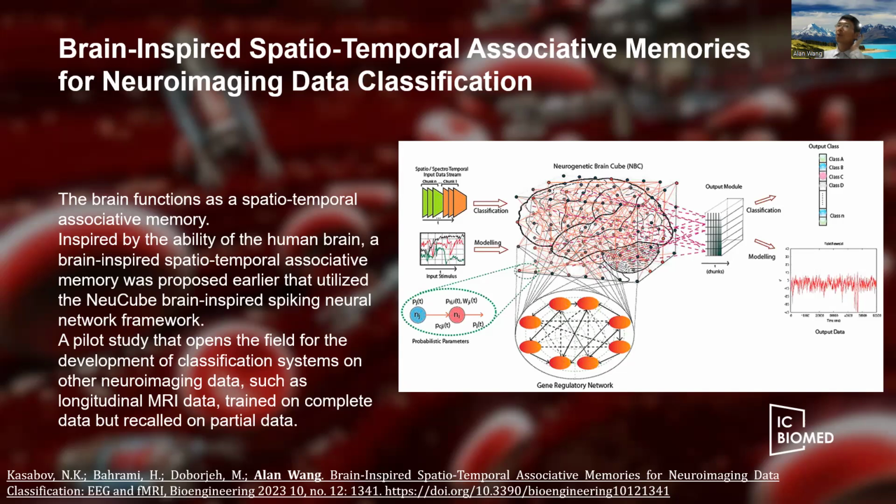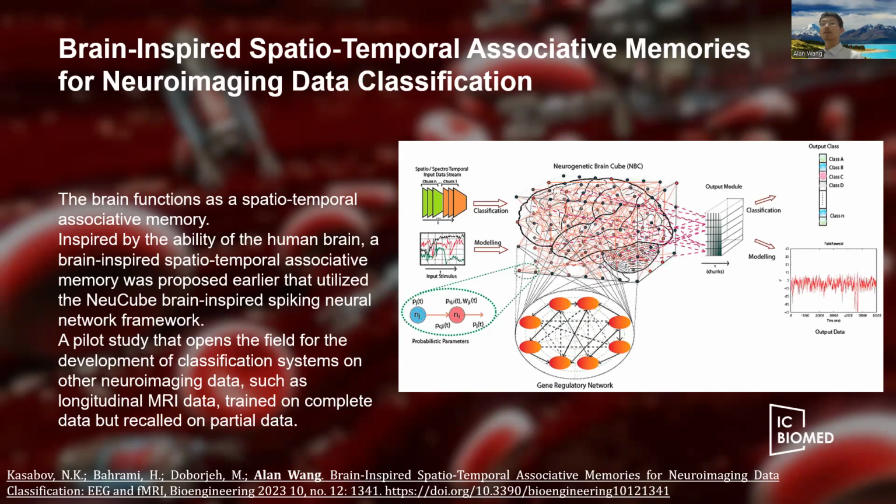We know that our brain functions as a spatial temporal associative memory. Inspired by this capability of the human brain, a brain-inspired spatial temporal associative memory was proposed that utilizes NeuCube, which is one of the spiking neural network frameworks. We performed some pilot studies that demonstrate the development of classification systems on neuroimaging data, for example, longitudinal MRI data, trained on the complete data.